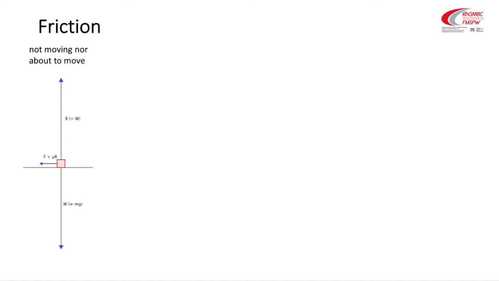We'll have a look at three situations involving friction then. So the first one is when the body is not moving and nor is it about to move. That'll make sense in a sec.